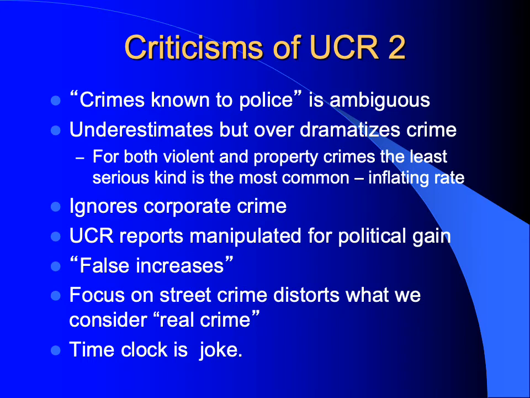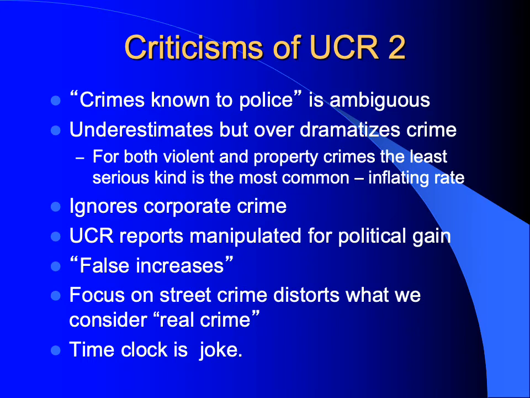This next one I think is a little bit more salient. It underestimates crime, so it undercounts crime, but it overdramatizes the crime that exists. What they'll give you is a violent crime index and a property crime index. So they collapse those crimes and tell you the rate for each of those.